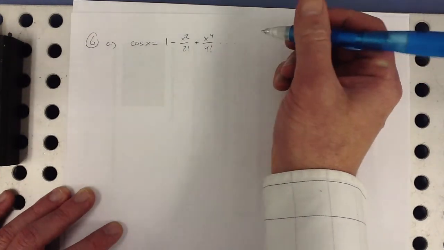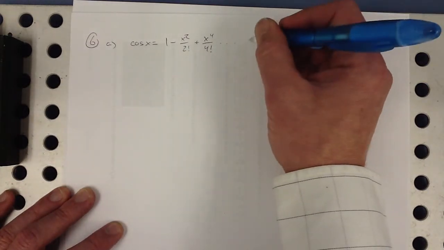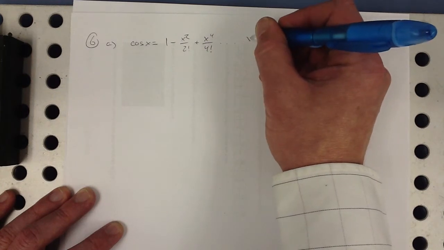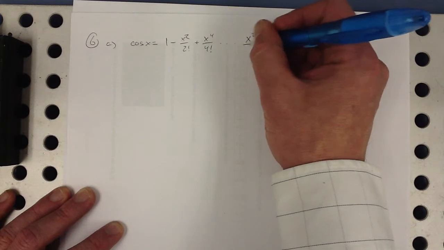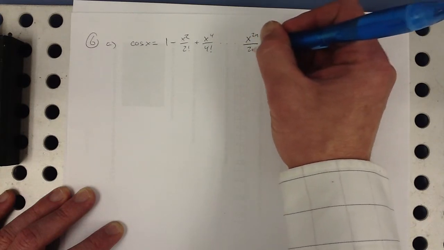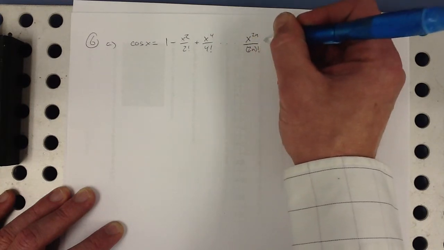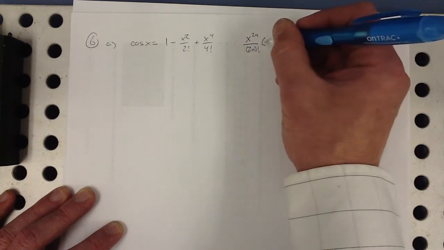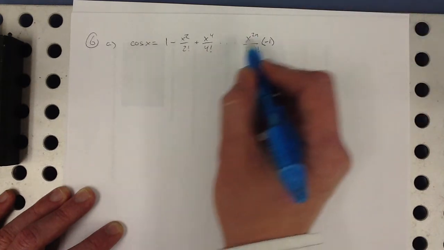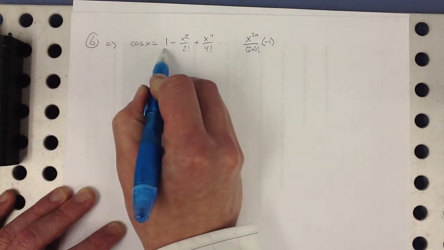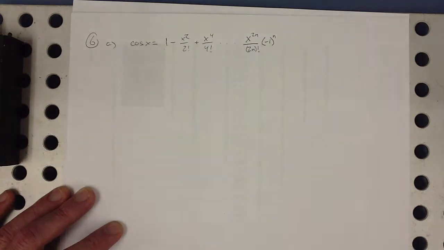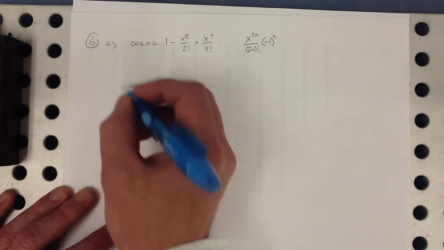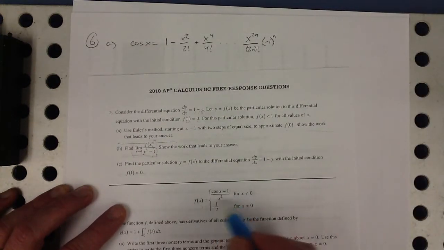That's the first 3 non-zero terms, and then the general term would be x to the 2n over 2n factorial, and the sign flipper, we would have started at n equals 0 here to get this, so that would be negative 1 to the n.